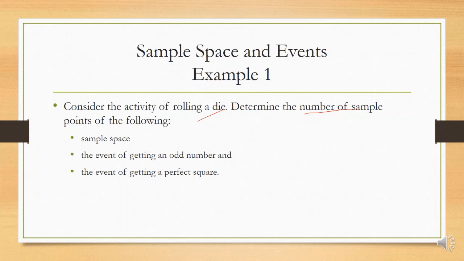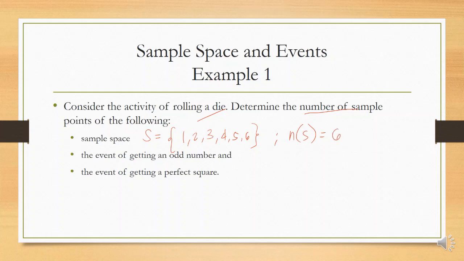When we roll a die, we could have 1, 2, 3, 4, 5, or 6 dots whenever we roll it. Therefore, the number of sample points in our sample space is 6.